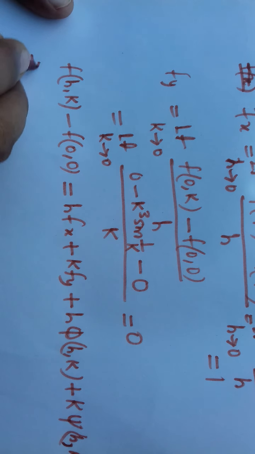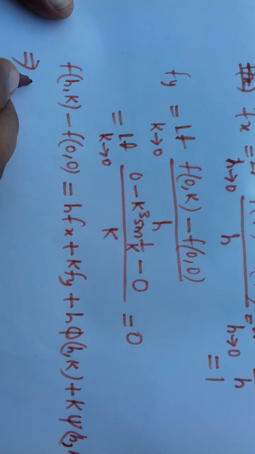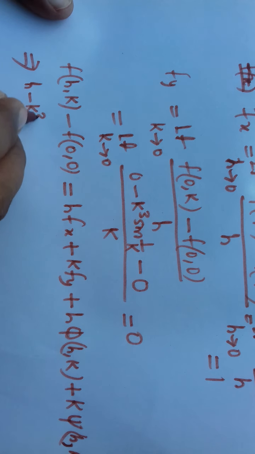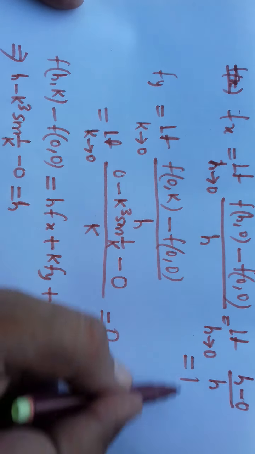Let us put the values. For f(h,k) we write h minus k cube sine 1 by k. f(0,0) is 0, you know, and h fx, you get fx equal to 1.